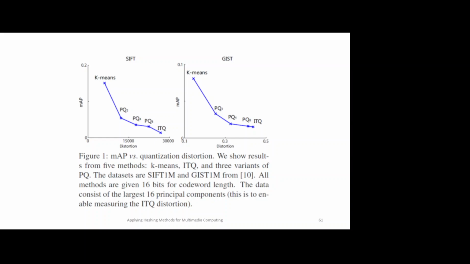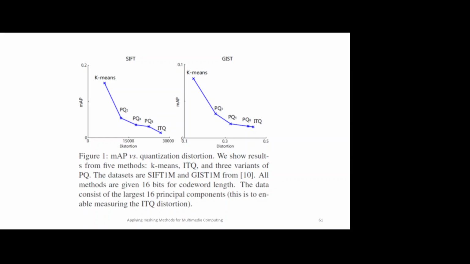Okay, so this figure I borrowed from another paper, and here we'll just show you the distribution and compare with their MAP, the mean average precision. And if you have a lower distortion, a lower quantization error, you usually get a higher MAP. Okay, so it's intuitive.